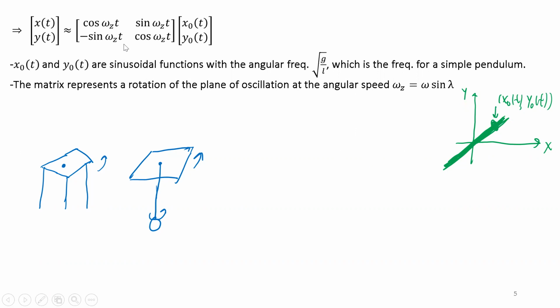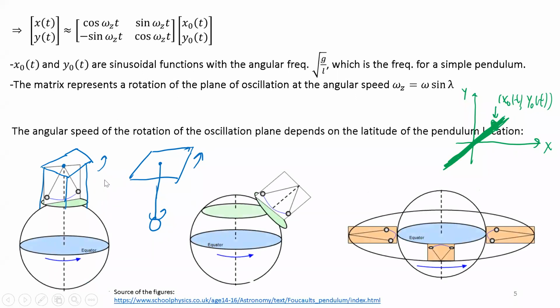So then, what about the rotation frequency? Previously, I told you that if it is exactly at the North Pole, it will take exactly 24 hours. However, if you're not, then that will not be 24 hours.